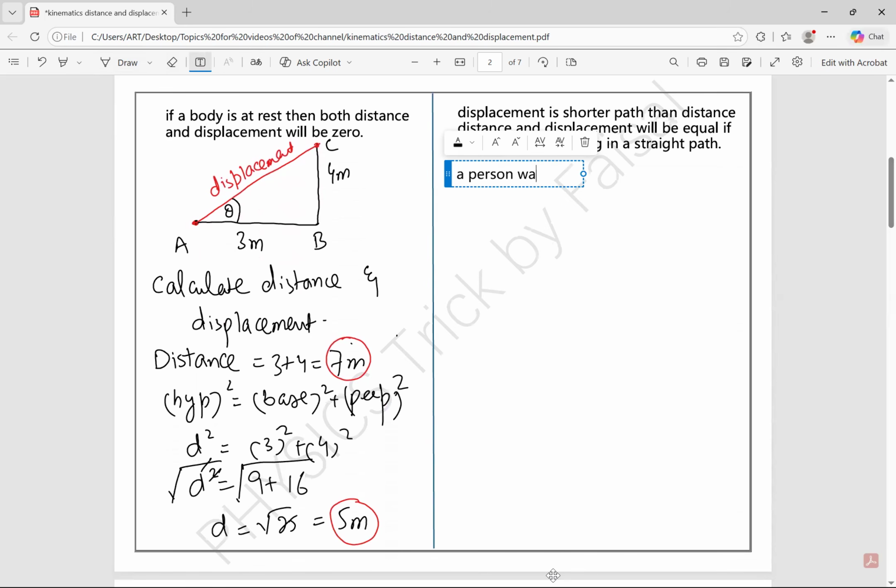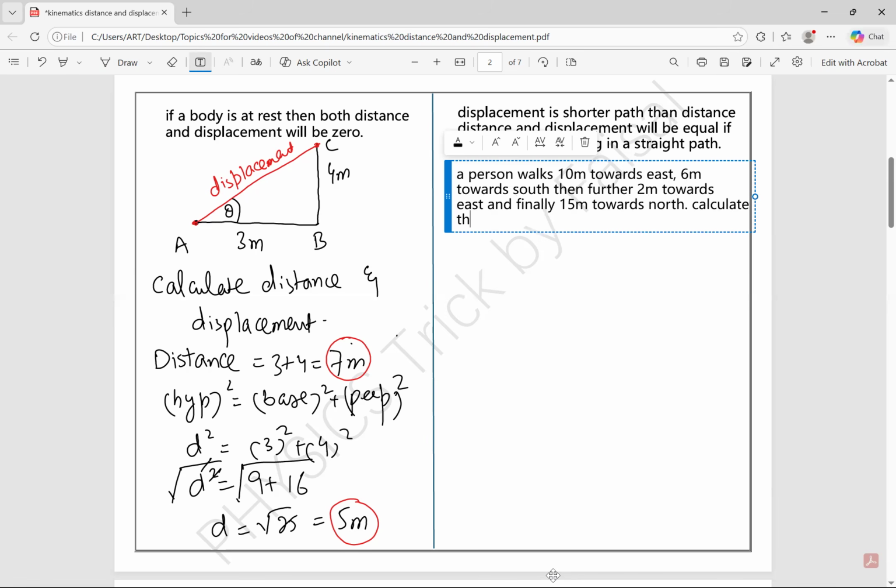A person walks 10 meter towards east, 6 meter towards south, then further 2 meter towards east, and finally 15 meter towards north.